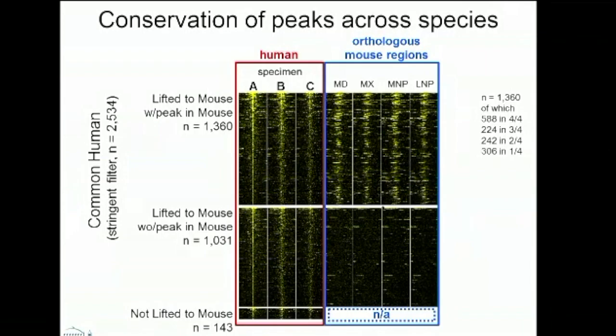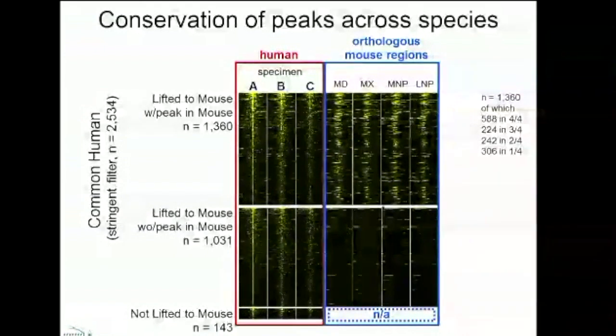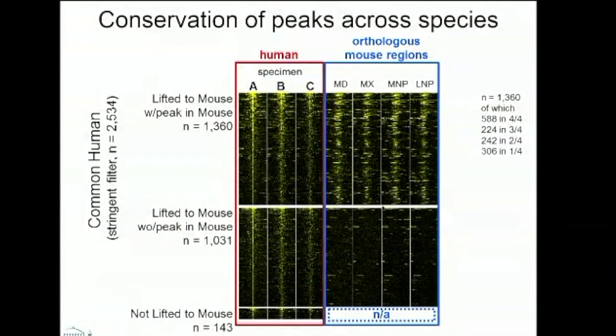For all the liftover, we're using the standard liftover tool that has been well established for finding orthologous regions. This is not BLAST. It usually aligns megabase-scale regions between mouse and human. So I'm less concerned about the accuracy of the liftover.